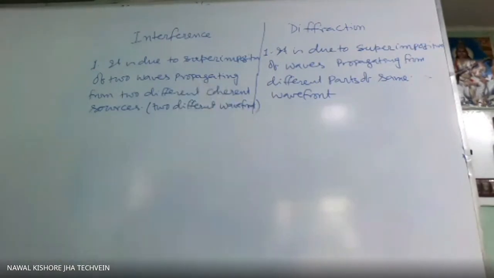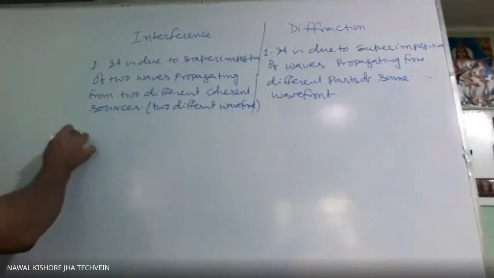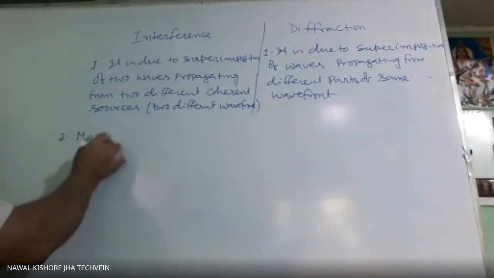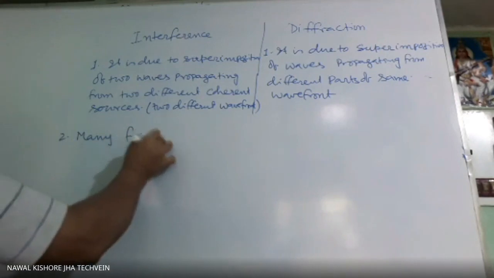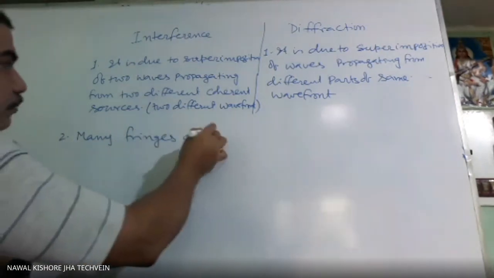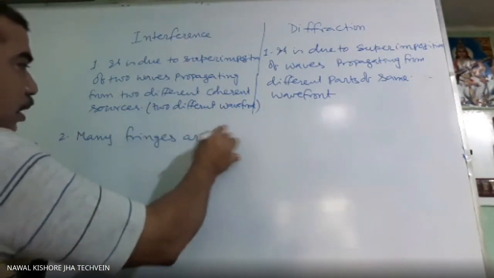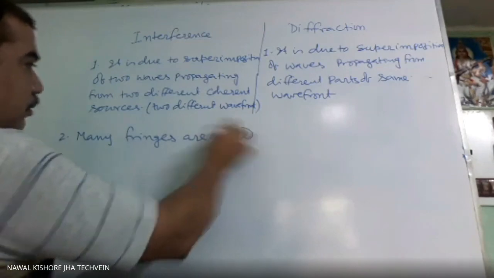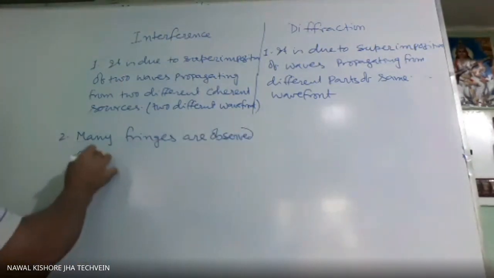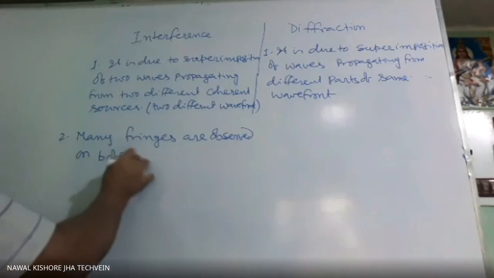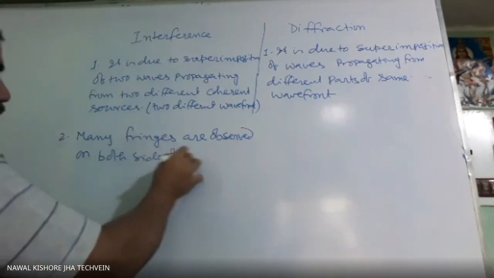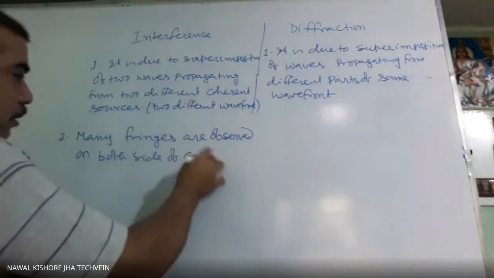In interference, many fringes are observed on both sides of the central fringe.